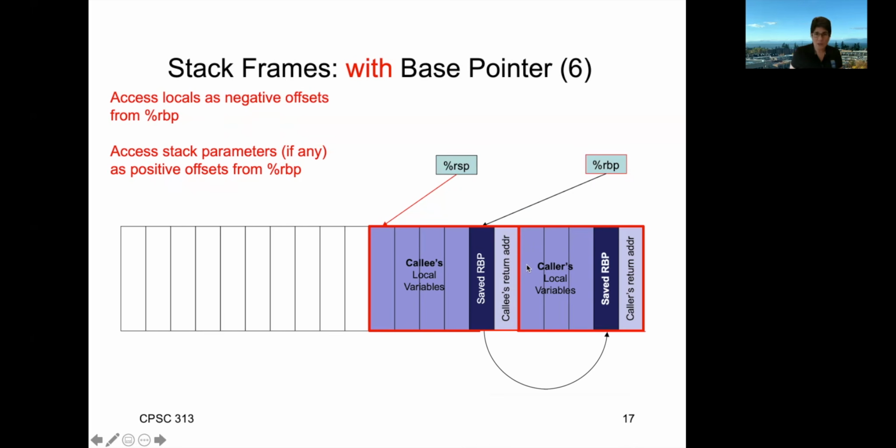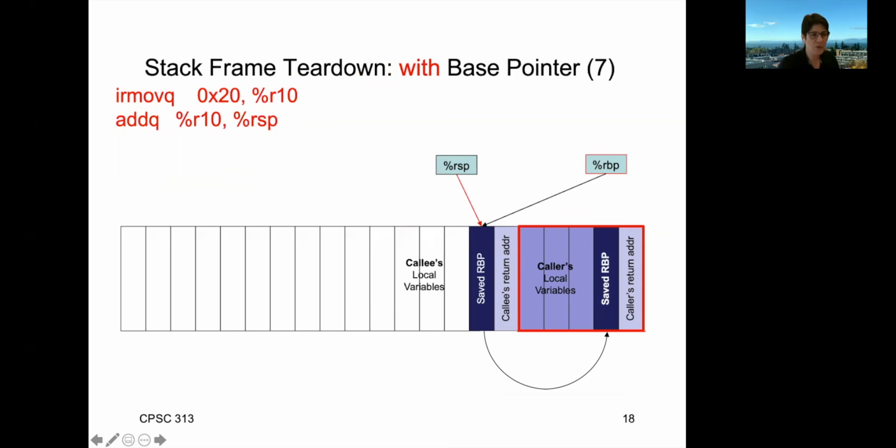Just like in the no base pointer case, when the function wants to return, we have to tear down the stack frame. And so we're going to reverse everything we just did. What does that look like? Well, first, we're going to move the stack pointer back to where it was. So we add that value back into RSP. Now we're going to restore the base pointer. So we pop that.